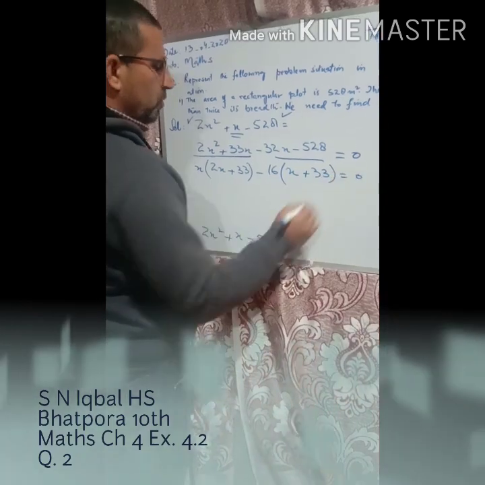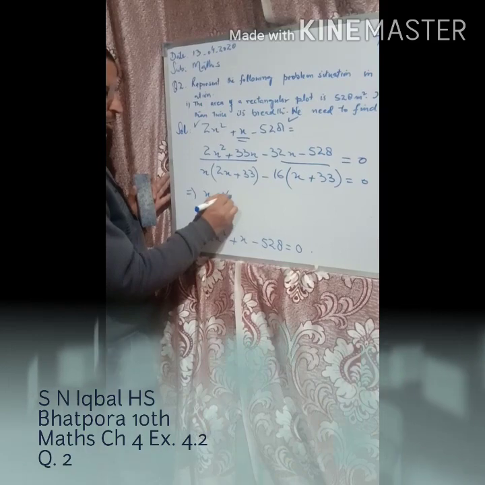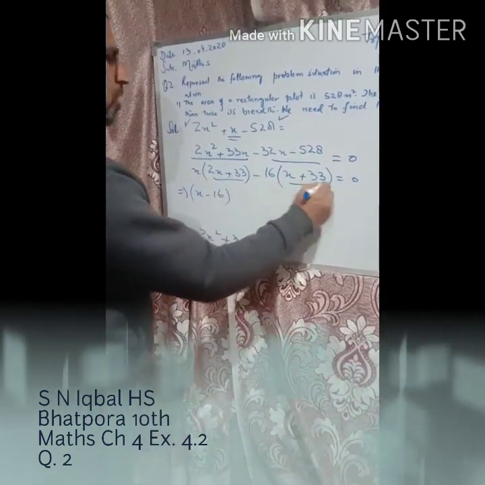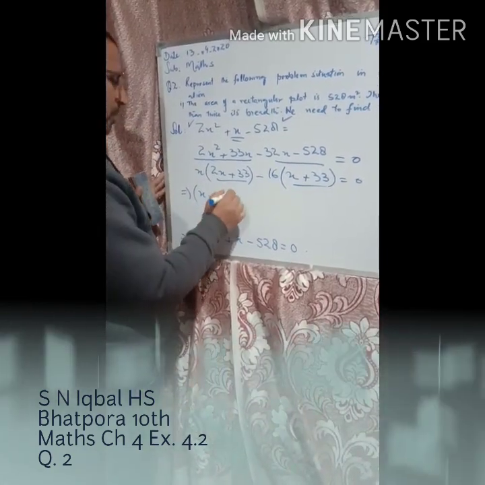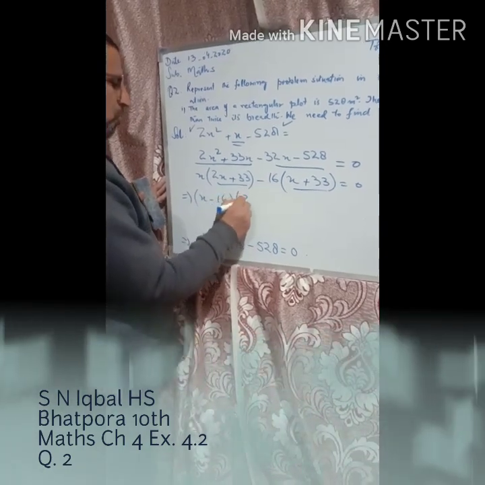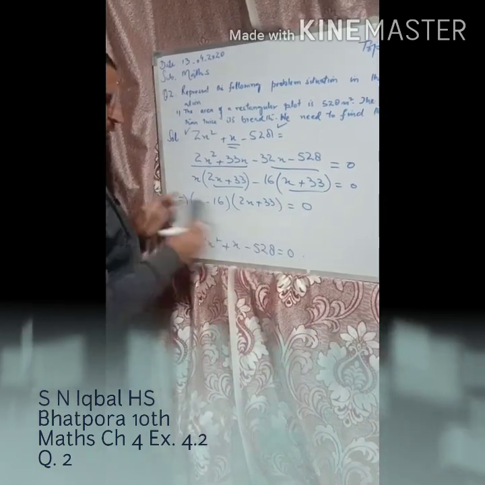That would be equal to 0, which implies x minus 16, and here again we see 2x plus 33 is common in both the terms, so we will take it as common. It would be x minus 16 into 2x plus 33 is equal to 0.